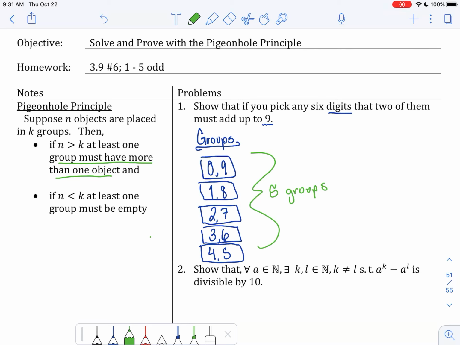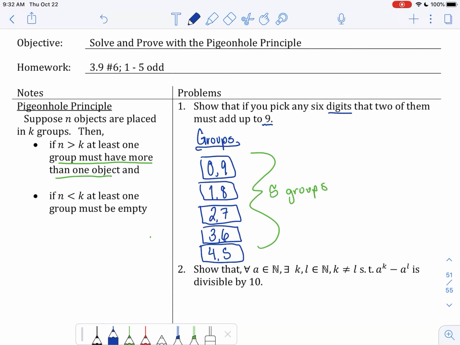It has to be 9, 8, 7, or 6, in which case they would be in the same group. So this is a pigeonhole principle problem. Show that if you pick any 6 digits, well, we have 5 groups that add up to 9. So if you select 6, one group has 2 members in it, and those 2 numbers add up to 9.